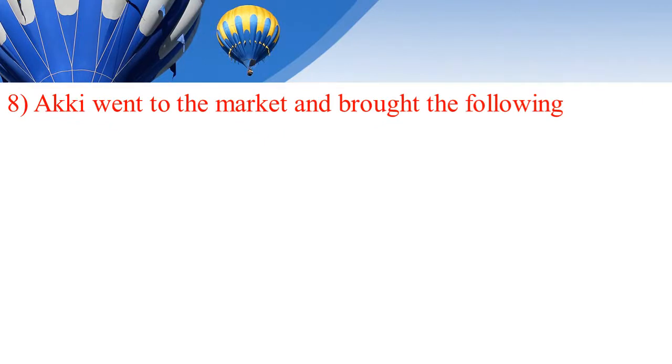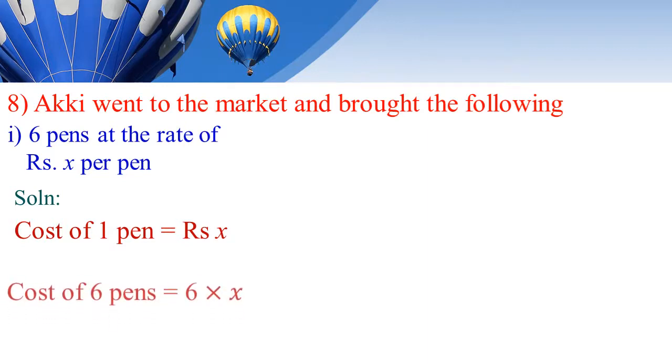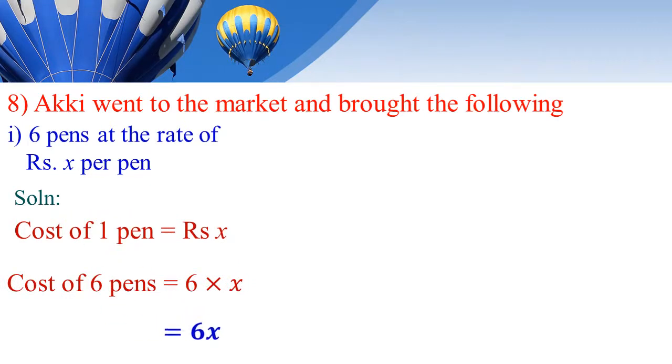Next problem. Aki went to the market and bought the following. The first one, 6 pens at the rate of rupees x per pen. So here, cost of 1 pen equal to rupees x. So cost of 6 pens equal to 6 into x. That is 6x.